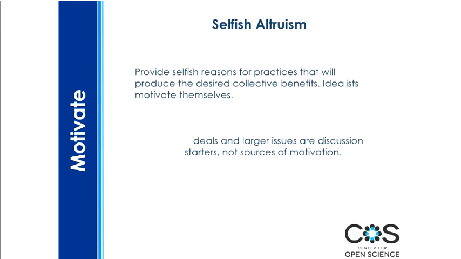So for every action that we recommend researchers take, we provide in our own training direct personal benefit to the researcher as the first and most important reason they should adopt it. And hopefully we can all move towards that collective benefit at the end of the day.